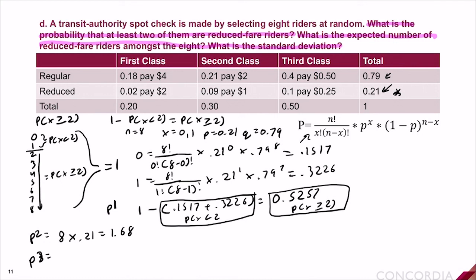for part 3, and they're asking us for the standard deviation. The standard deviation equation for a binomial distribution is very simple.